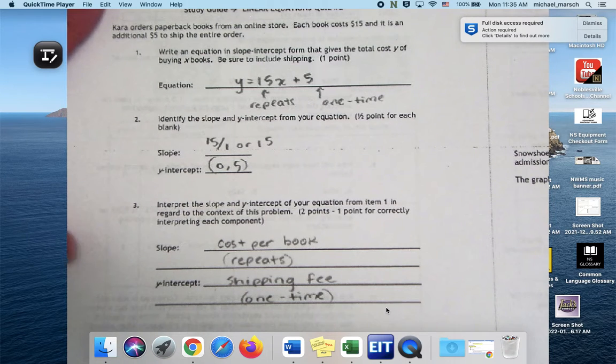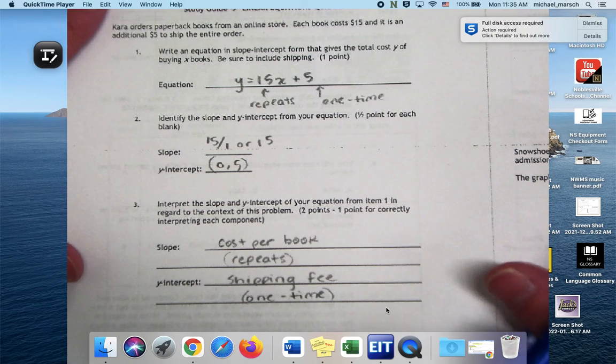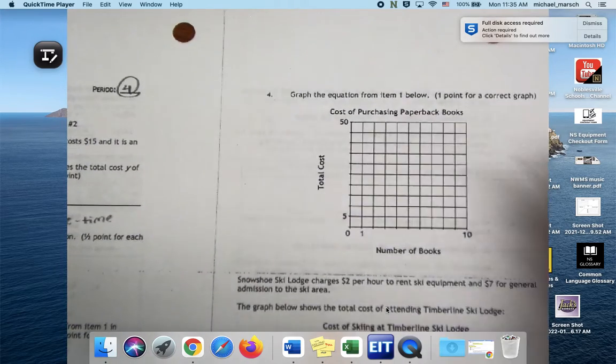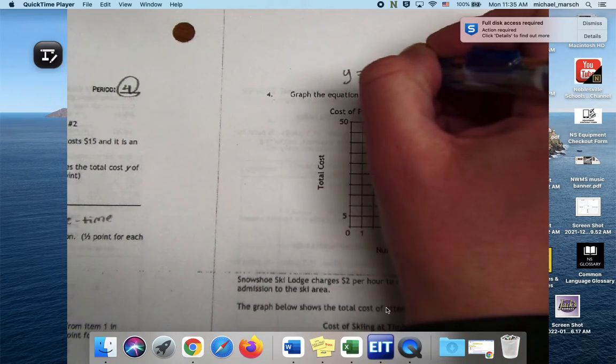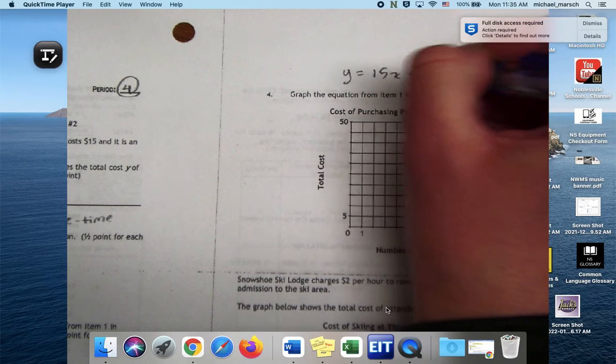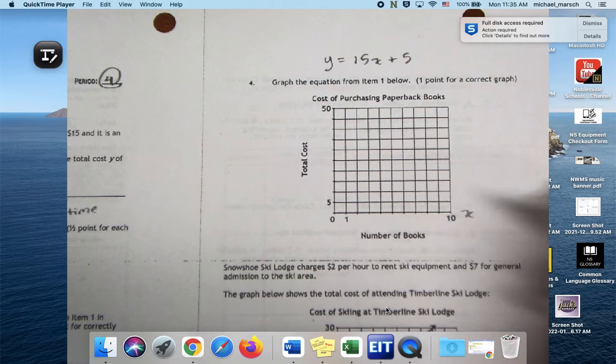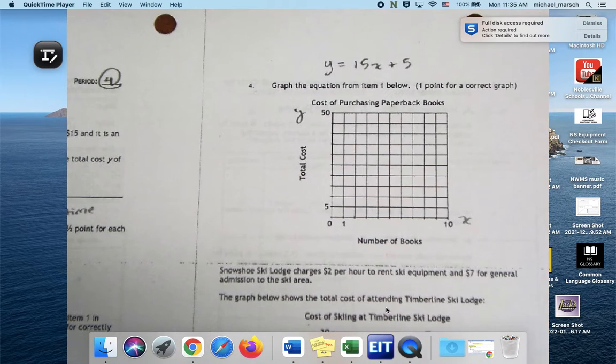All right. Now we're going to go up to question 4, and we're going to graph this scenario. So I'm going to rewrite the equation up here. 15x plus 5. I'm going to fill in my x and y increments.